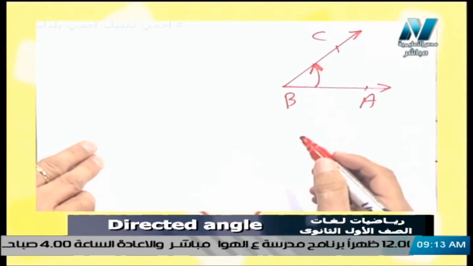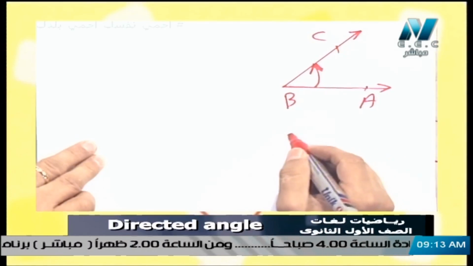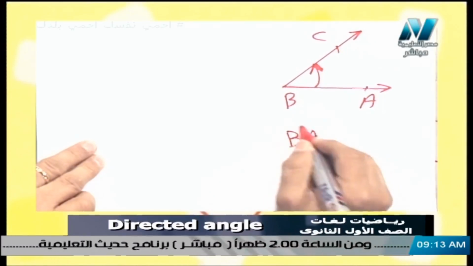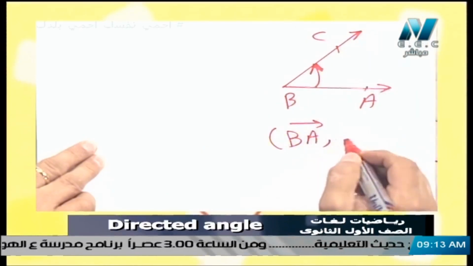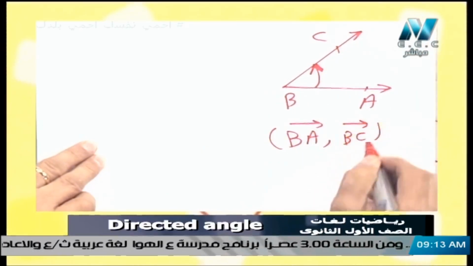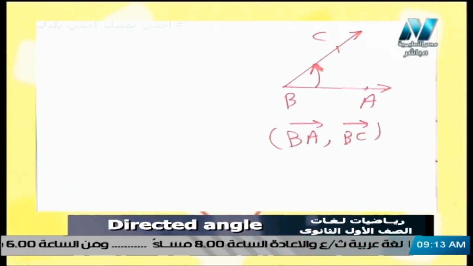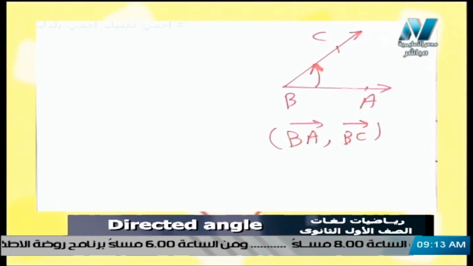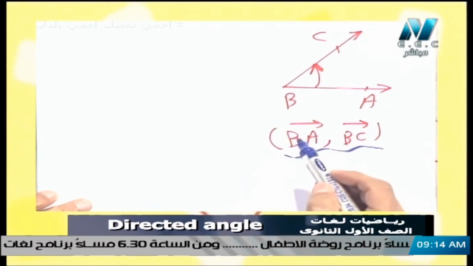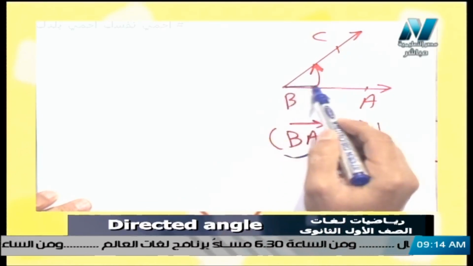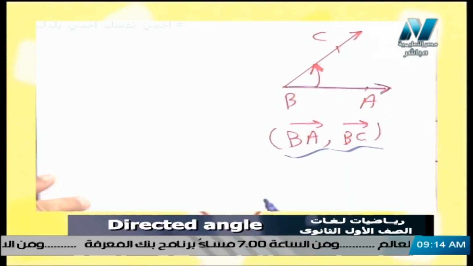Okay, so we will call this angle an ordered pair starting from BA and ending with BC. So a directed angle now, we can define it or call it an ordered pair here. BA is the initial side and BC is the terminal side.